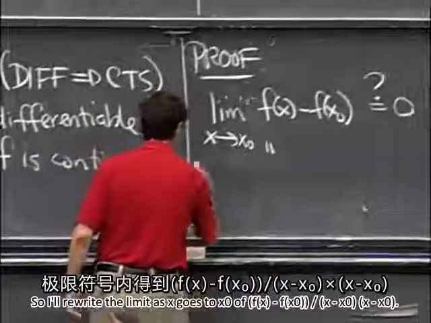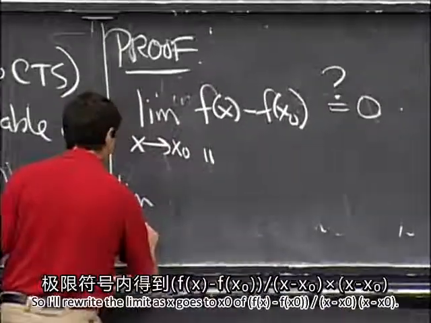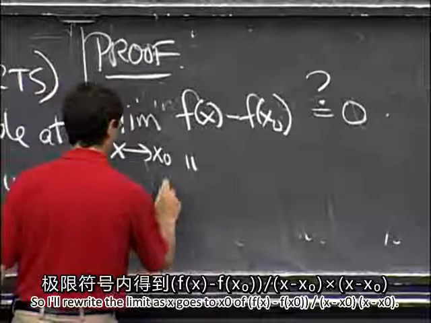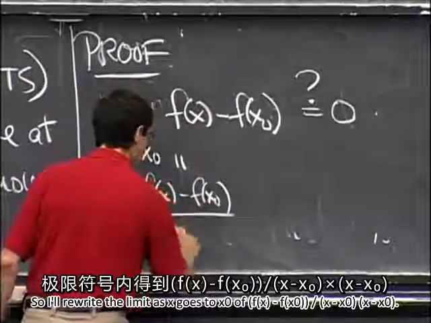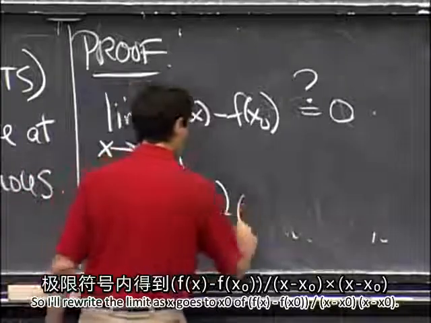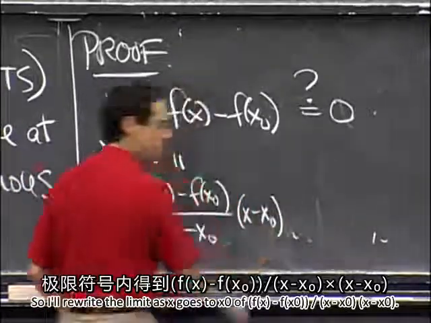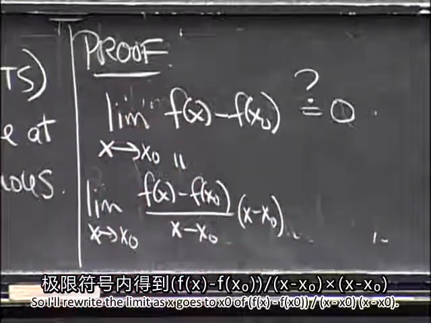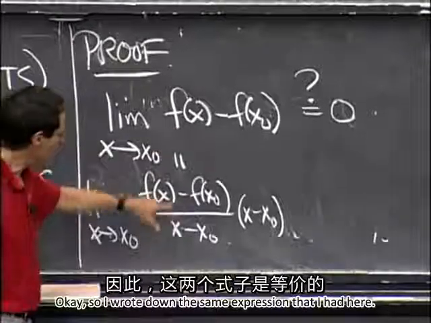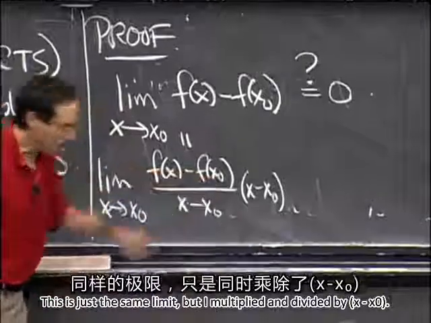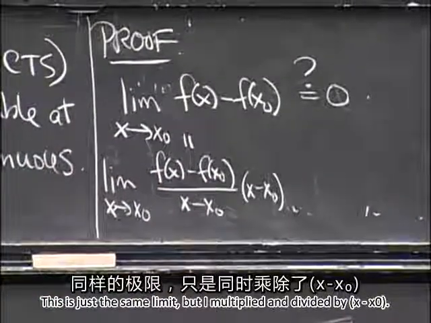So I'll rewrite the limit as x goes to x0 of f of x minus f of x0 divided by x minus x0, times x minus x0. Okay, so I wrote down the same expression that I had here. This is just the same limit, but I multiplied and divided by x minus x0.